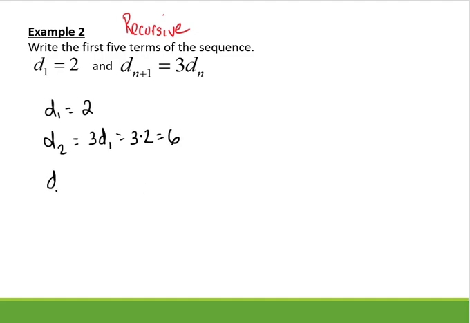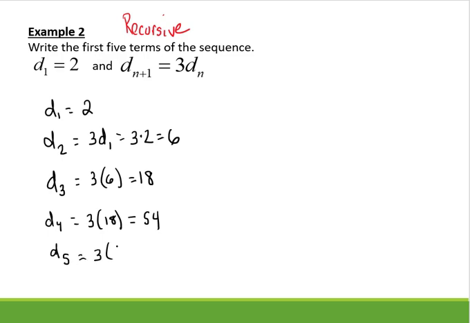Then my third term is 3 times the previous term, 18. The fourth term is 3 times the previous term, and the fifth term is 3 times the previous term, which is 162.